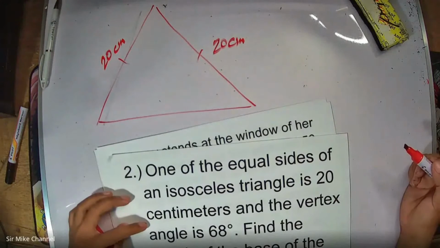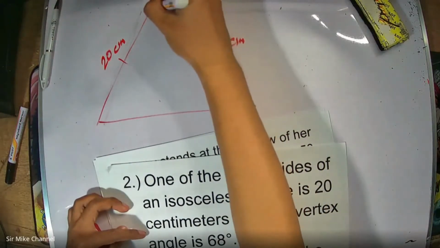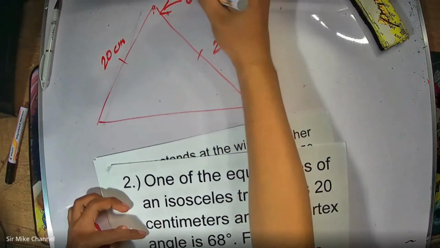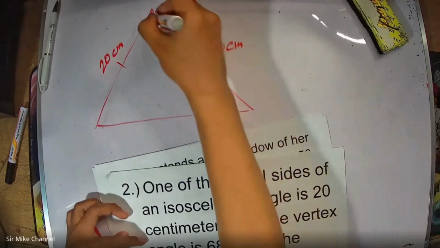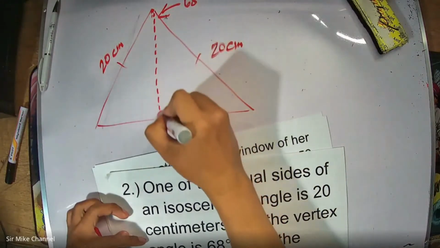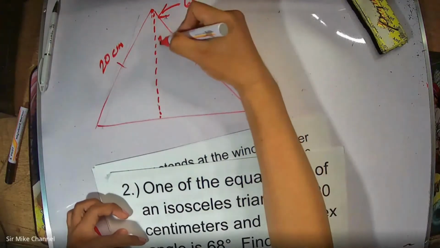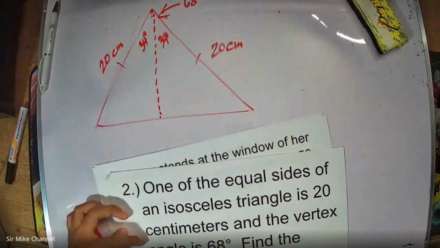And the vertex angle is ito yung vertex angle natin. Diba? So vertex angle natin, ito ay 68 degrees. So, hatiin natin yan. Okay, so pag natin magkakaroon tayo ng tawag 34 degrees, 34 degrees.